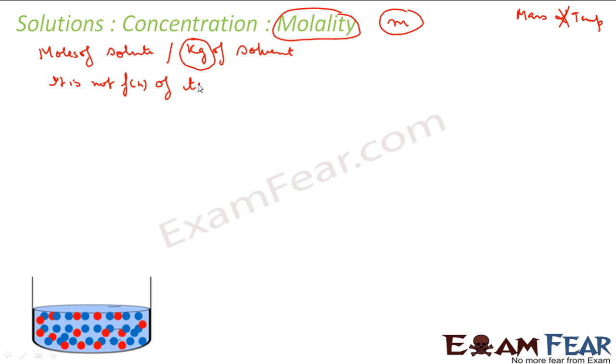That is one good thing about molality. Also, since you are saying it is for the solvent, even if you add more solutes, it's all same. Anyway, we'll discuss that in the next slide when we compare molality and molarity. The most critical reason why we came with molality is, since it is in kg, it is temperature independent.